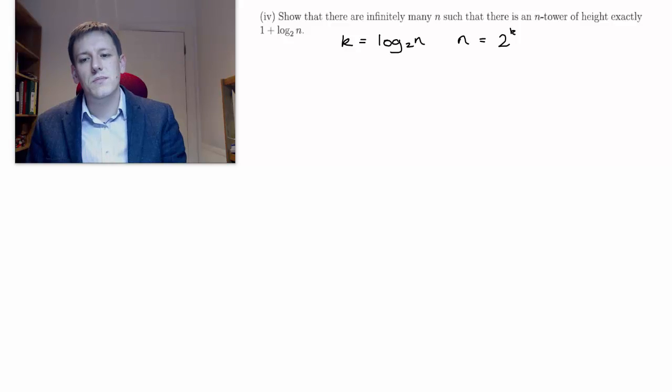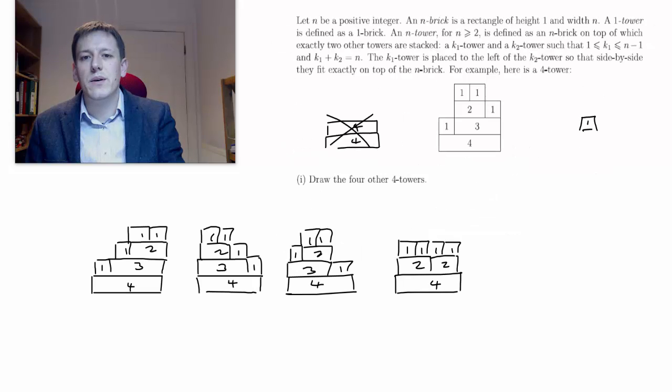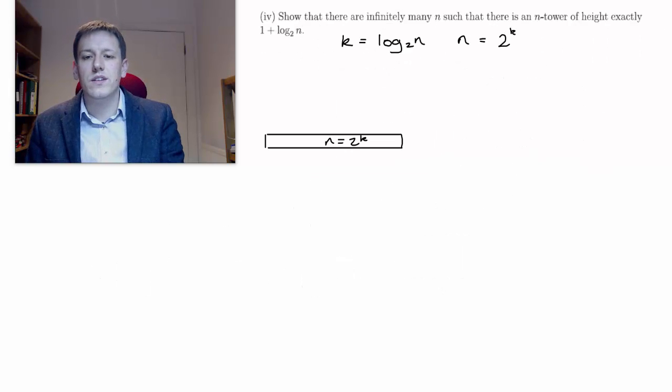So let's assume that my n is 2 to the power of k, and think about how I can always draw a tower from this n, which is 2 to the k. Because if it's exactly 2 to the k, that means I can draw a tower a little bit like in my first question that looks like this, where at each stage the width is halving.